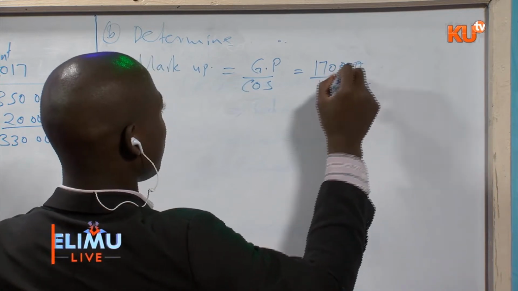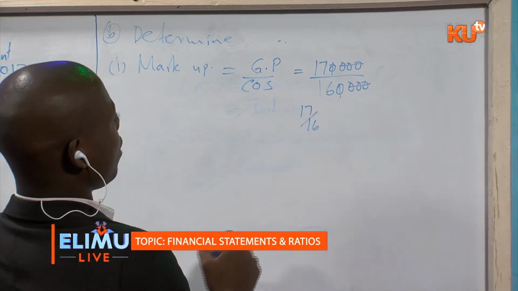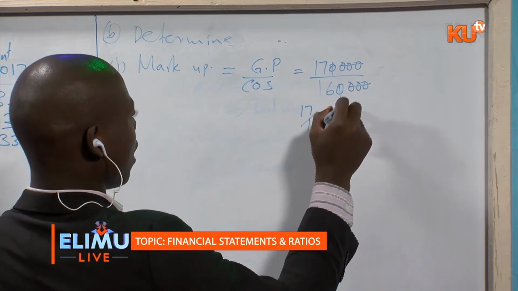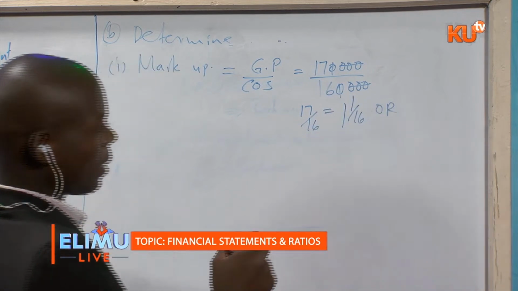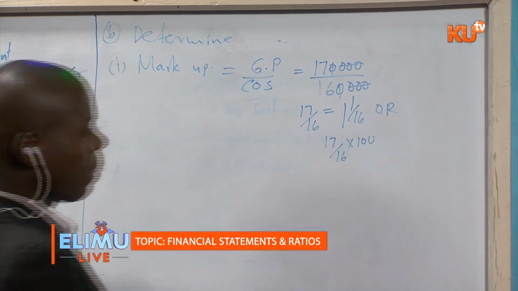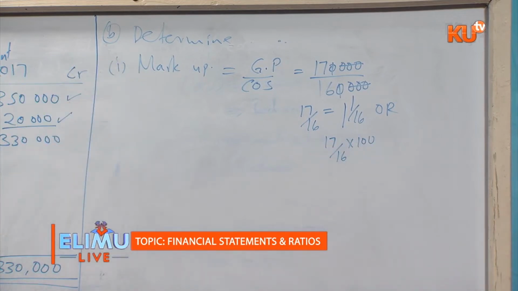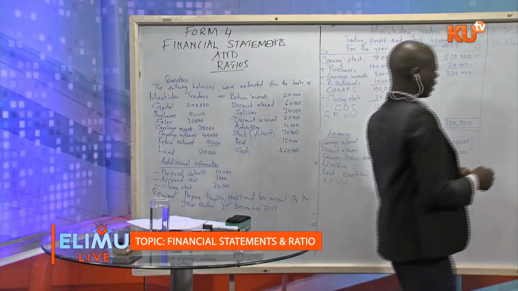This cancels out, so we have 17 over 16, and we said we give it as a fraction, 17 over 16, or give it as a percentage, 17 over 16 times 100. That will give you 1700 over 16.